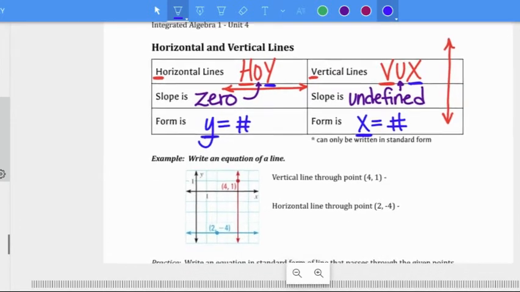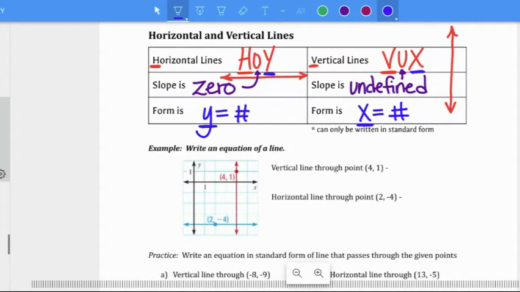All right, so for example, here's a little coordinate plane. It's kind of hard to read in your black and white notes, so you can see it in color here. They give you a vertical line. So let's suppose they say, write us a vertical line that goes through the point (4, 1). All right, so here's (4, 1), and I want a vertical line.